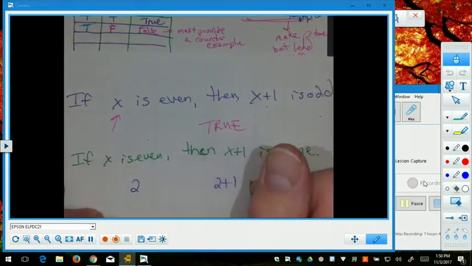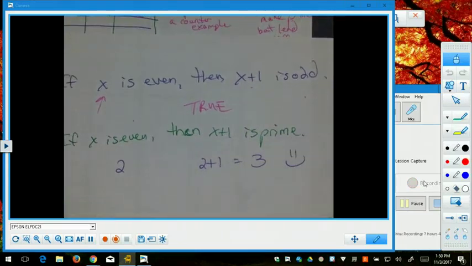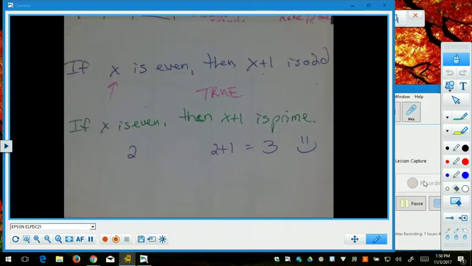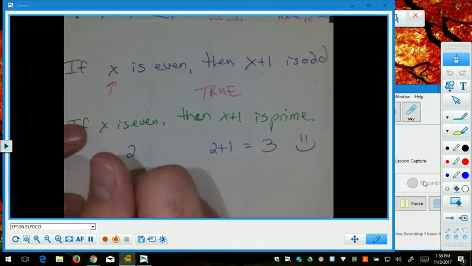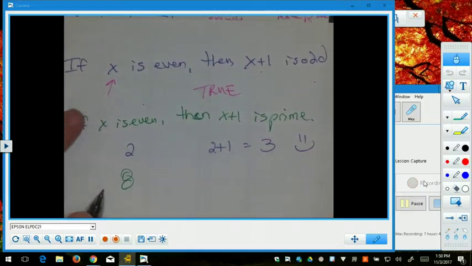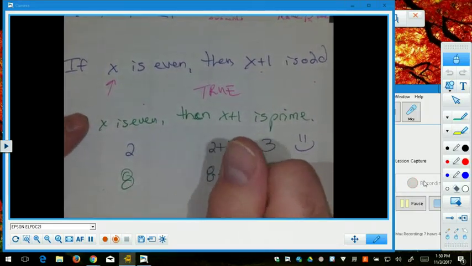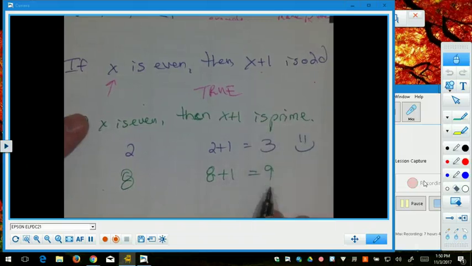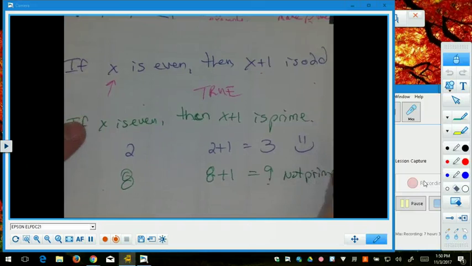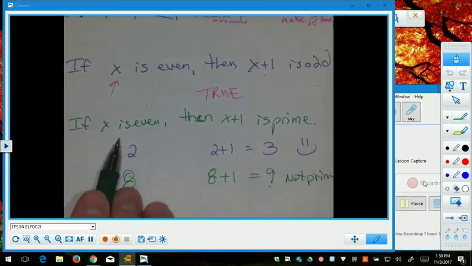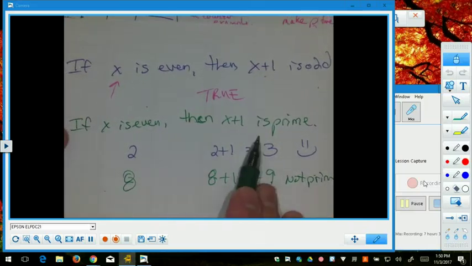Well, 2 plus 1 is 3, which is prime. Yay, it works. The question is, does it always work? Or is there a counterexample out there? What if I take the number 8? 8 is even. 8 plus 1 is 9. 9 is not prime. So in this particular case, this is a false conditional sentence.